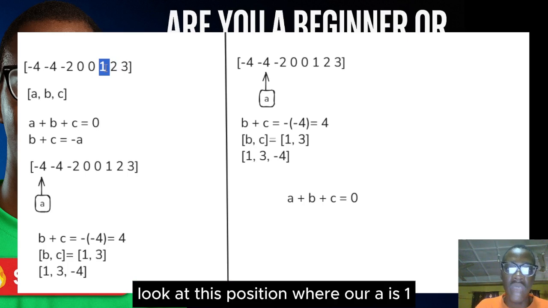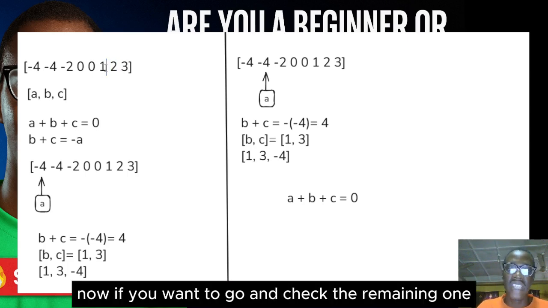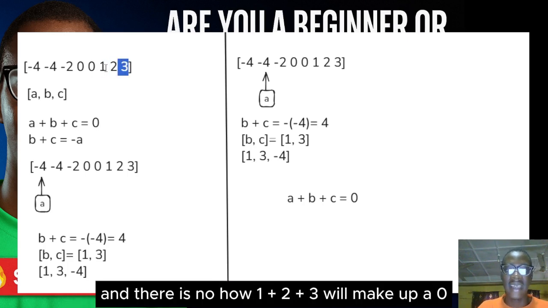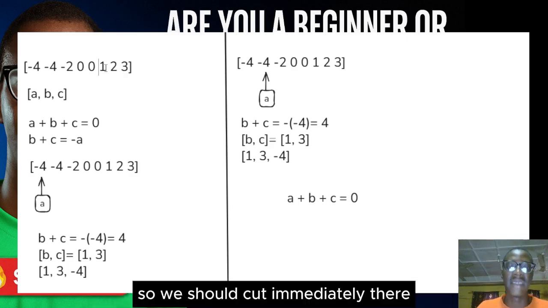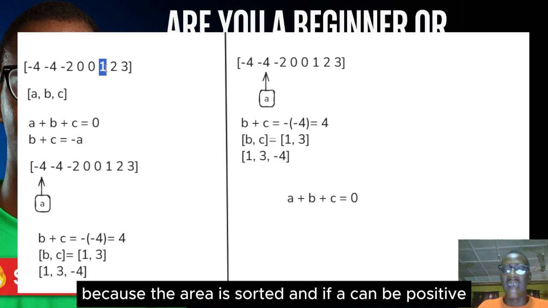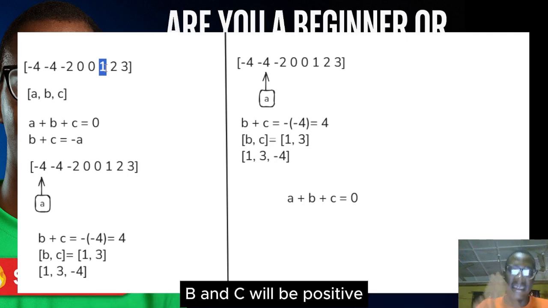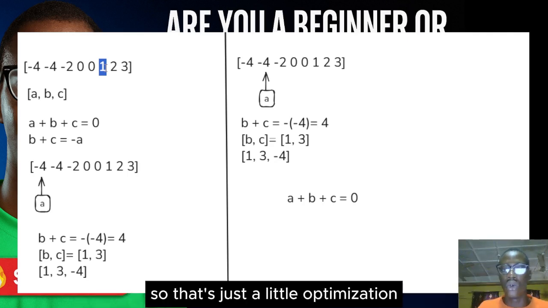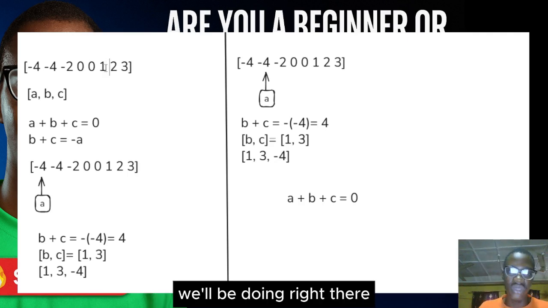Look at this position where our A is 1 now. The remaining ones are 2 and 3, and there's no way 1 plus 2 plus 3 will make 0. So we should cut immediately there, at the point where A is greater than 0. Why? Because the array is sorted, and if A is positive, B and C will be positive. That's just the little optimization we'll be doing right there.